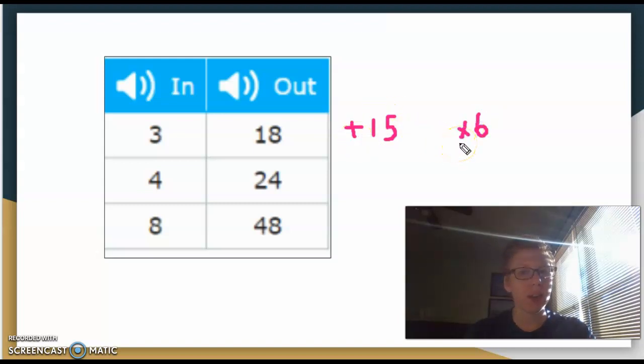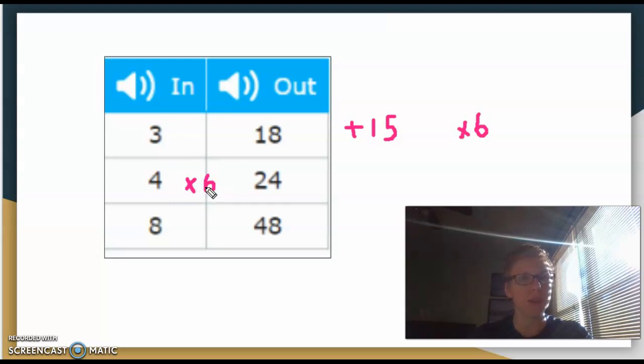So those are my two options. I'm going to try out that rule with both numbers on the next one. So I've got 4. Let's try out the first rule. Is 4 plus 15 24? No, that's 19. So chances are the next rule, which is multiplying by 6, is 4 times 6 24? It sure is. So that's the rule.